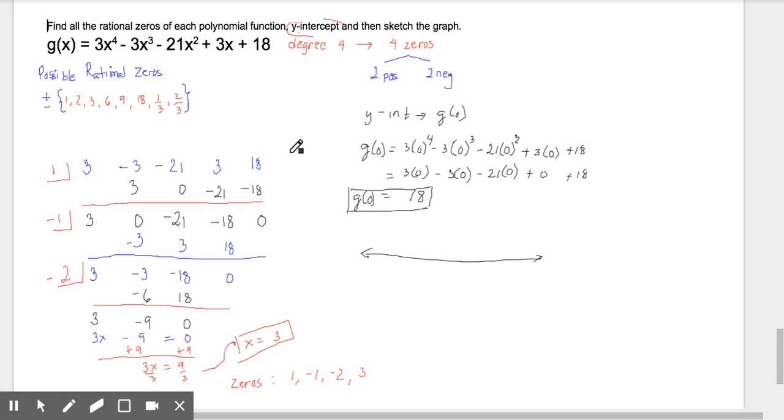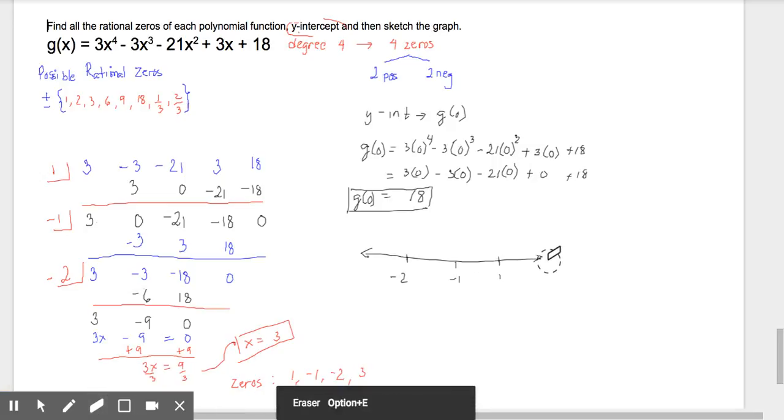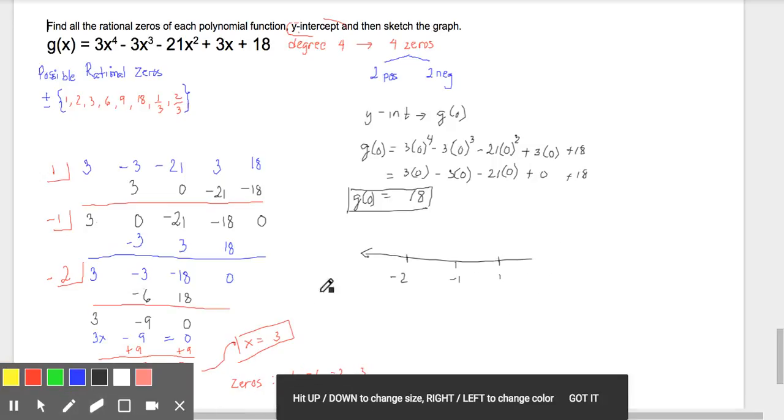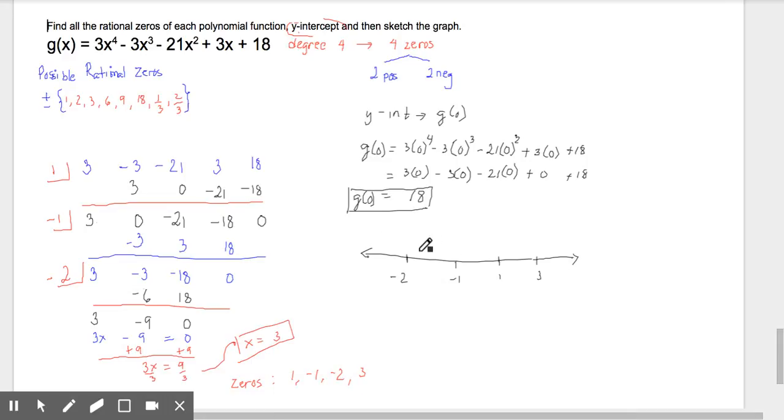But I think this is going to be a little more complicated. So we'll have -2 here, -1, and 1. Okay, let's make this longer. And then 3 here. And we want to find the signs of g of x in each of these sections. So actually, we just want in this section.